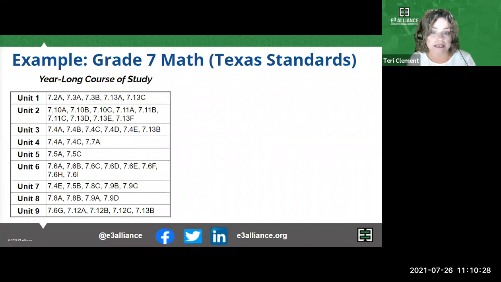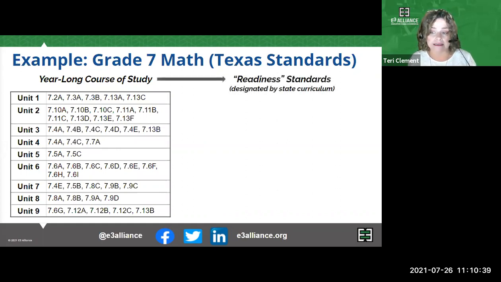First, the originators of this curriculum have already set a designated set of focus standards known as readiness. This means that these standards are essential to success in the next grade level. And typically standards designated as readiness in this set of standards necessitate in-depth experiences.